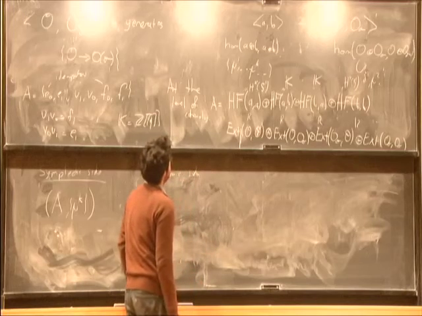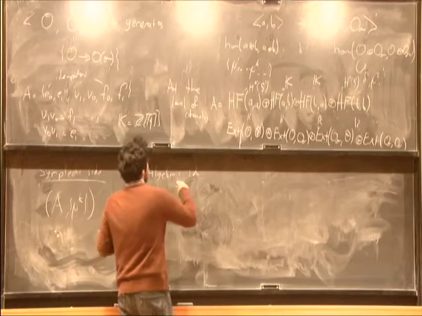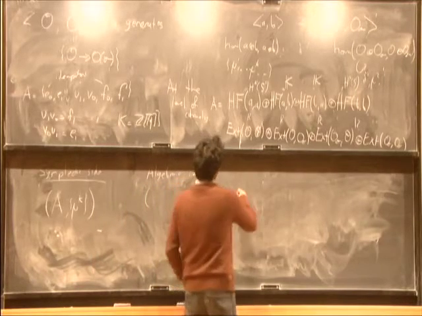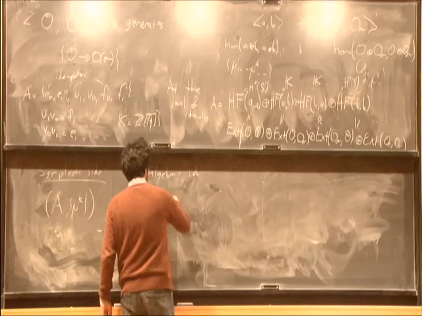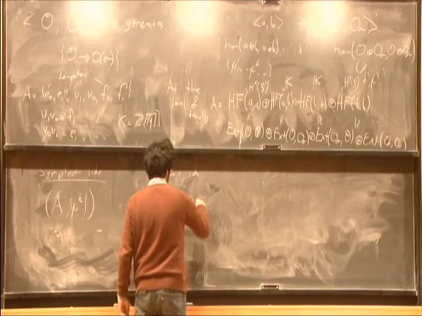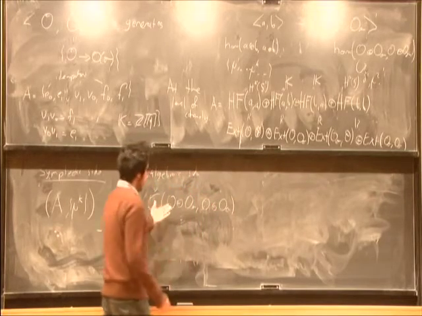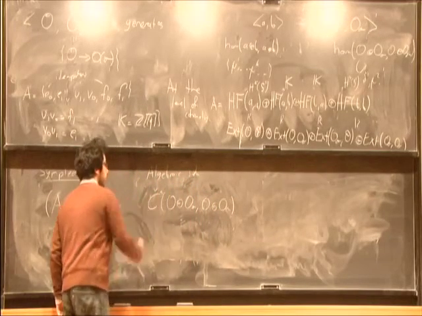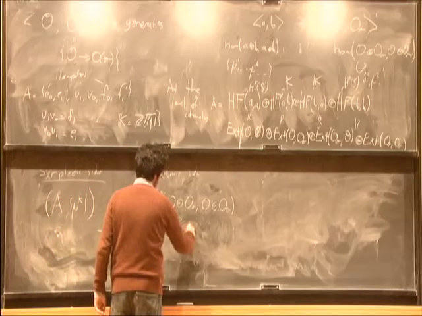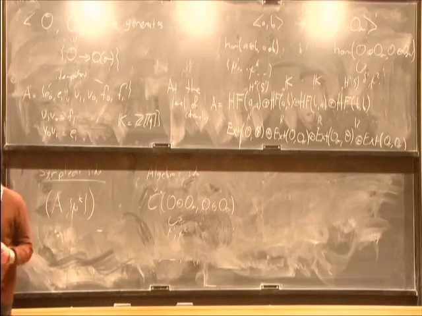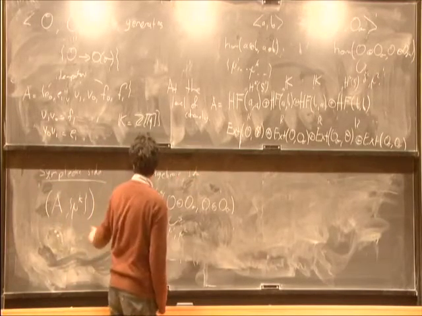So let me say it like this. The algebraic side was given by these Čech complexes, right? So this model has its differential and its product. Now what we computed here is that its cohomology is this A.